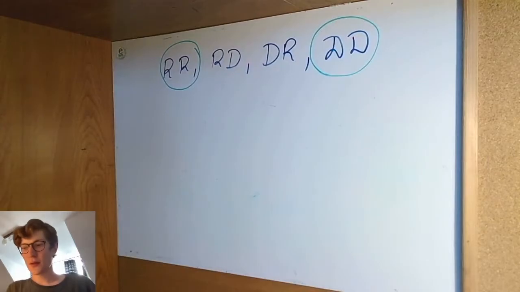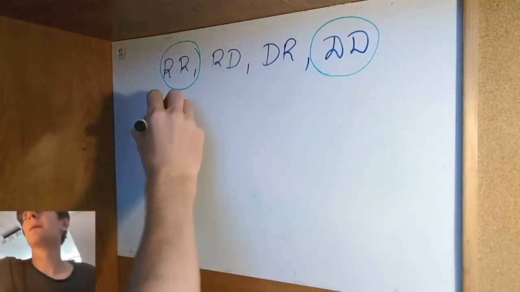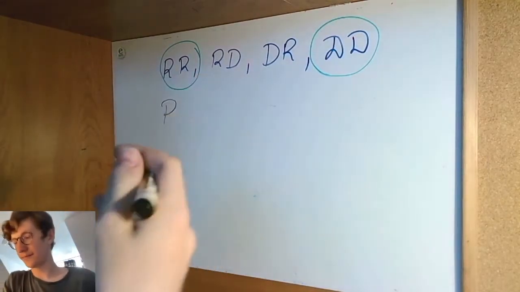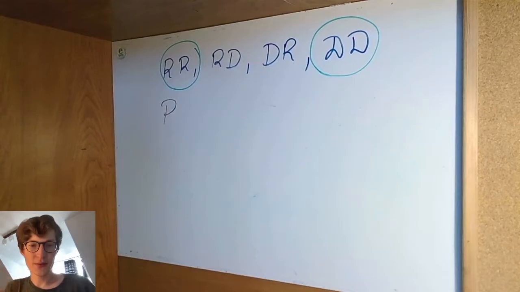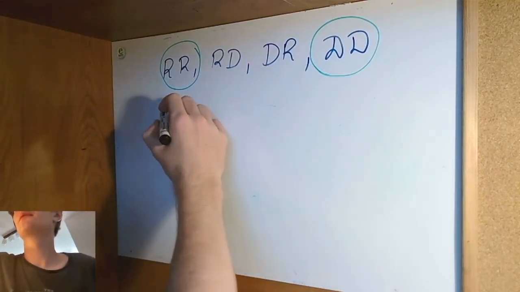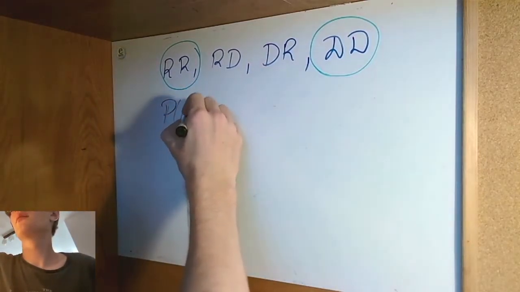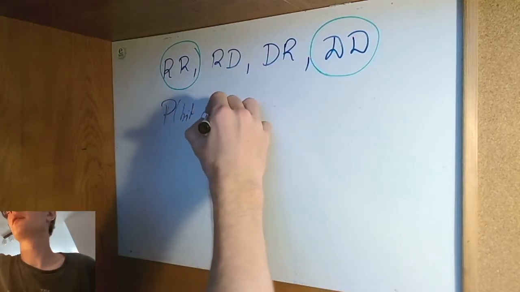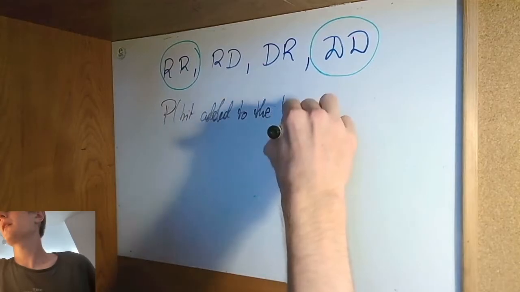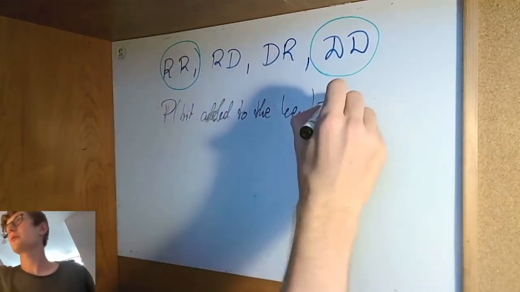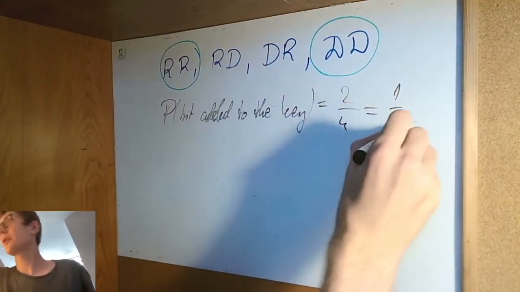So the probability that they add a measured bit to the key is 2/4, which is 1/2, right?